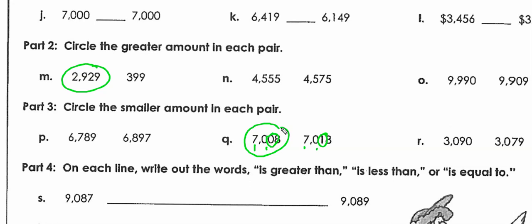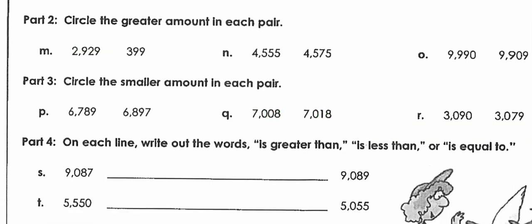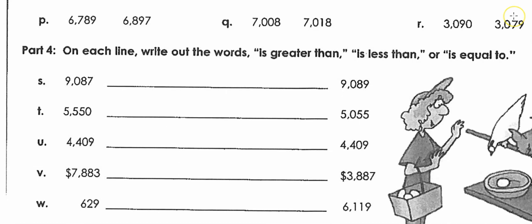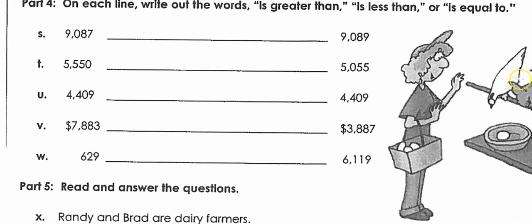On part 4, what they want you to do is on each line write out the words is greater than, is less than, or is equal to. So let's do letter S. Again, I have a 9 in the thousands. I have a 0 in the hundreds. And then I have an 8 in the tens. So what's left?